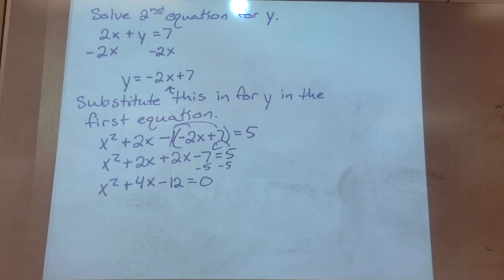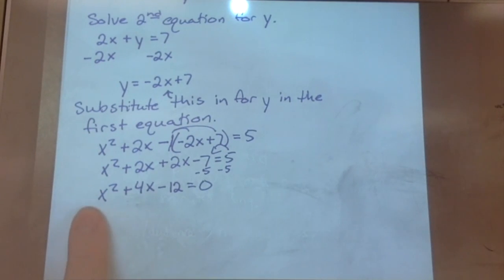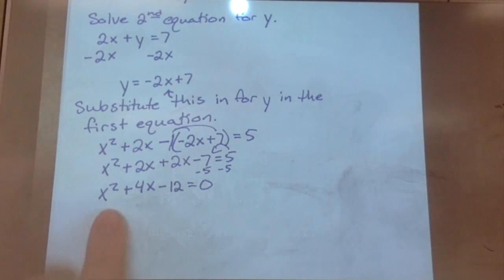And here I have an equation that I can factor. You can do it with whichever method you want: completing the square, box and x, quadratic formula if you really want. But when I look at this, our leading coefficient is 1.